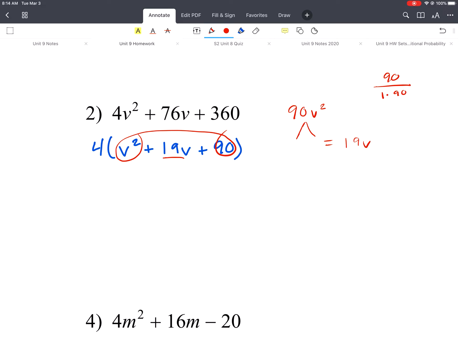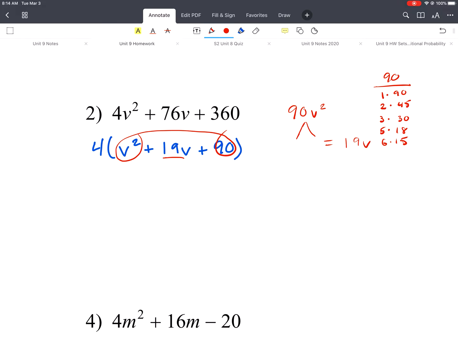We could do 90 divided by 2, that gives us 45. We could do 90 divided by 3, that gives us 30. We could do 90 divided by 4, that doesn't go in. 90 divided by 5, that gives you 18. 90 divided by 6, that gives you 15.